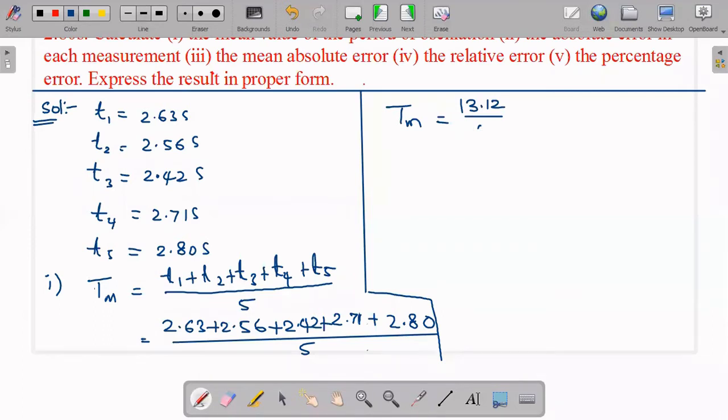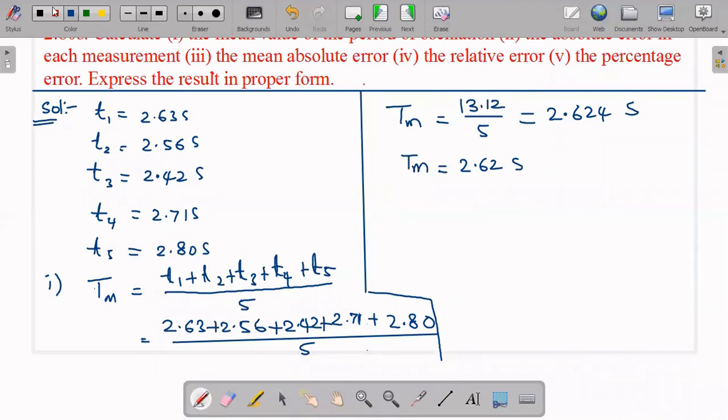We end up with 2.624 seconds. But when solving this, we have to approximate to how many digits? After the decimal, 2 digits, right? Maleha and Arvind have completed it. So 2.62, up to 2 digits, because 4 has to be omitted, as the given values have only 2 digits. So this is the mean value of the time period.